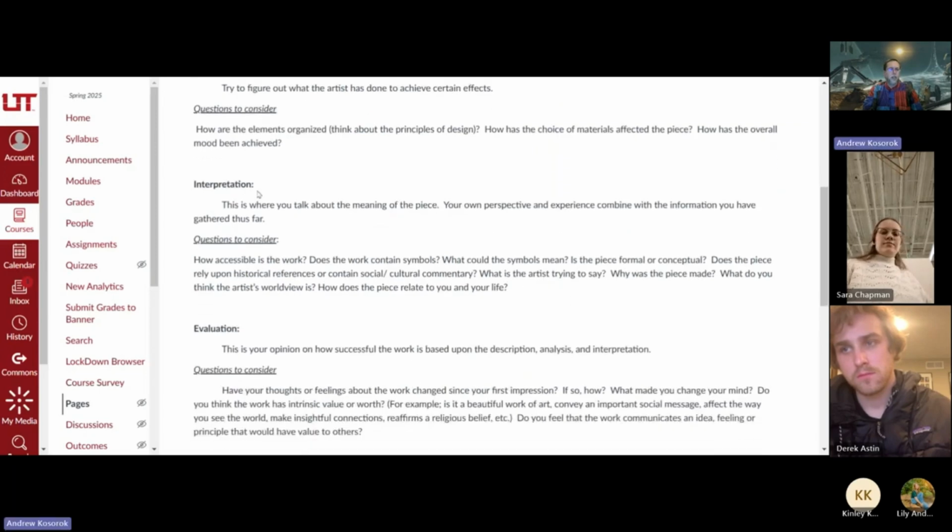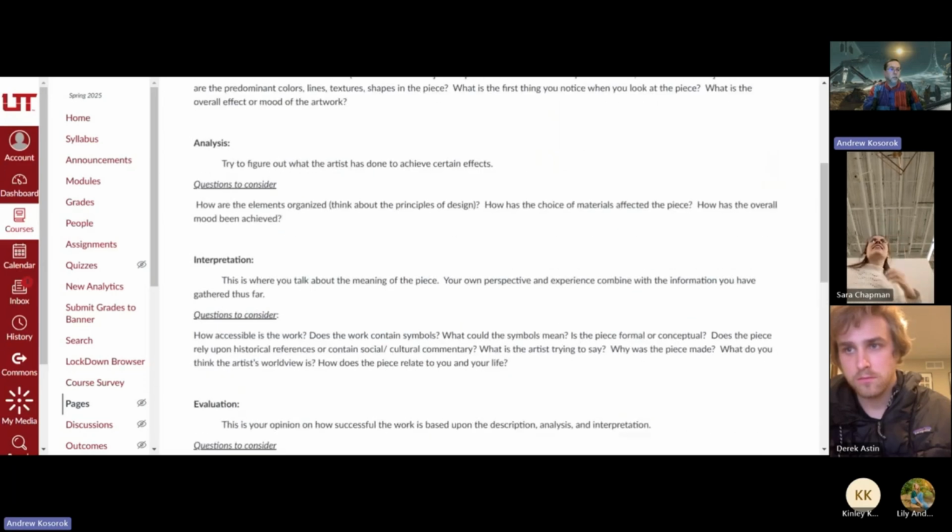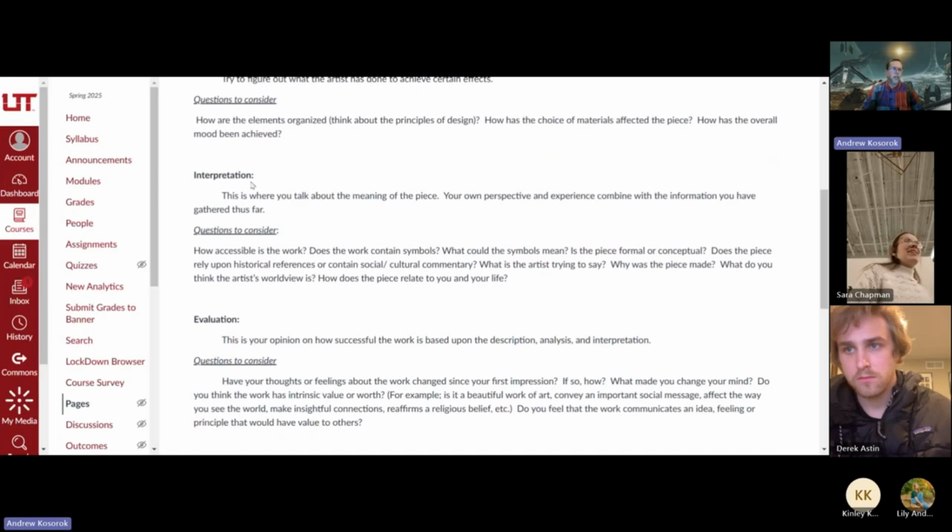And the third step is interpretation. This is where you start developing in your mind an avatar of the artist or the originator of the object that we're looking at. You start asking yourself, is there anything that can demonstrate what this person's worldview was? What their intention was? What kind of environment was this person living in? Is this object a result of a society as a whole, or a specific somebody trying to make a statement?